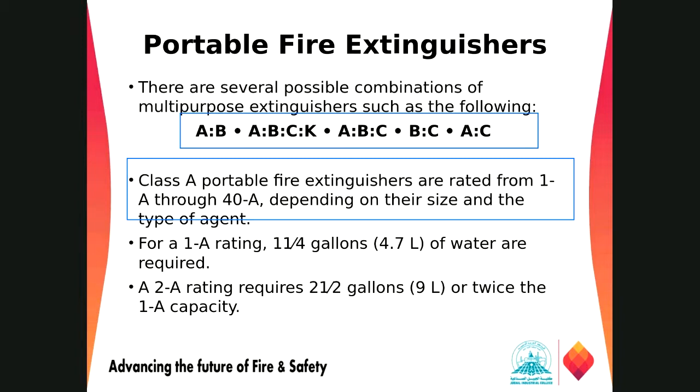Extinguishers using agents other than water can be given a Class A rating if they are effective on ordinary combustibles, and they can be given a similar rating as 1A and so on.